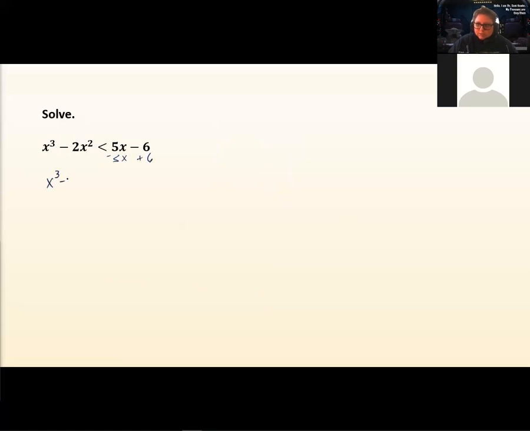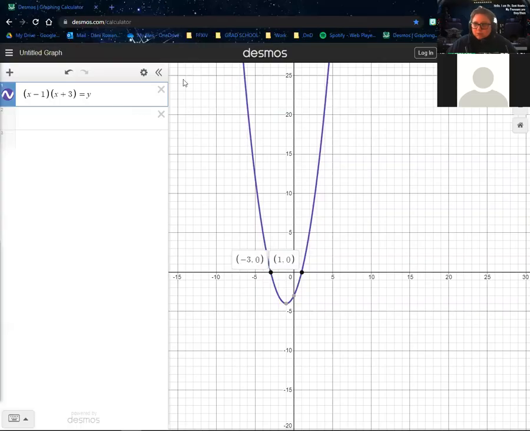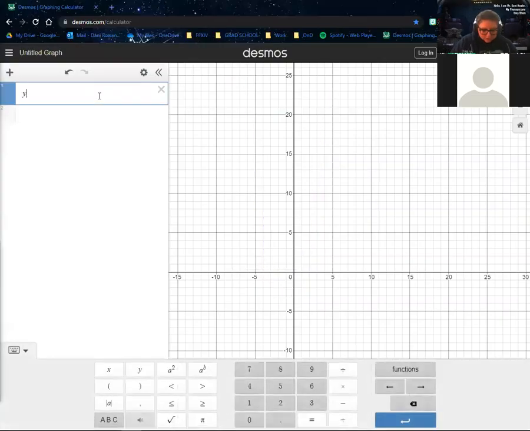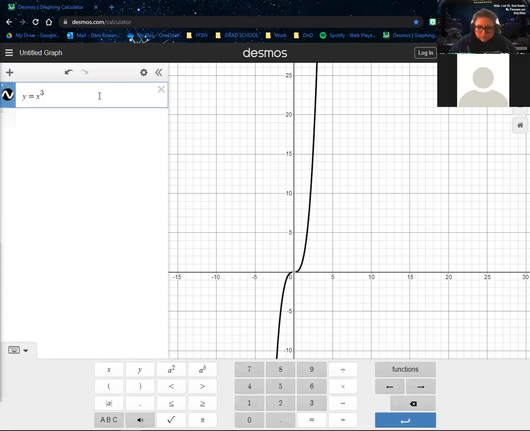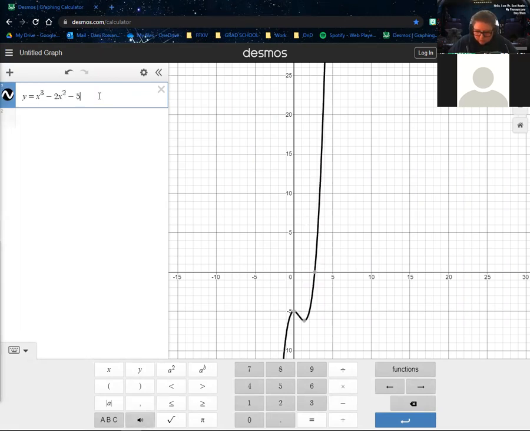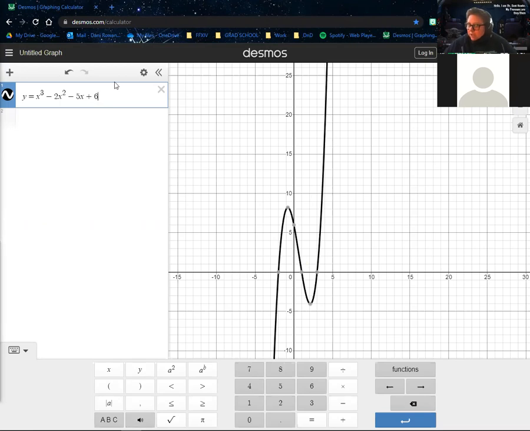X cubed minus 2x squared minus 5x plus 6 is less than 0. Okay, and I'm just going to put that in here. So y equals x cubed minus 2x squared minus 5x plus 6. Okay, and this is our graph.